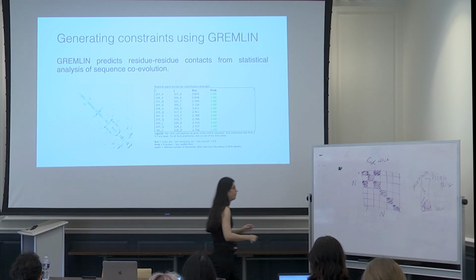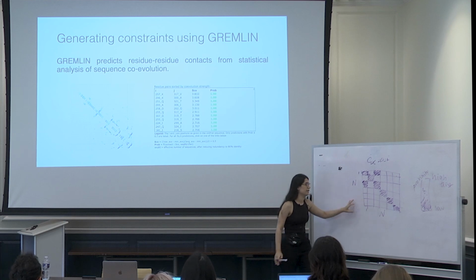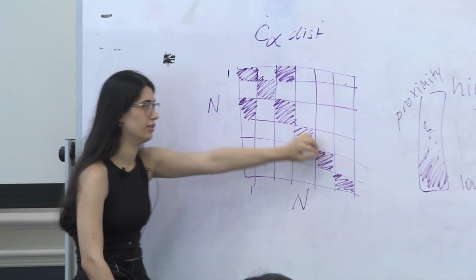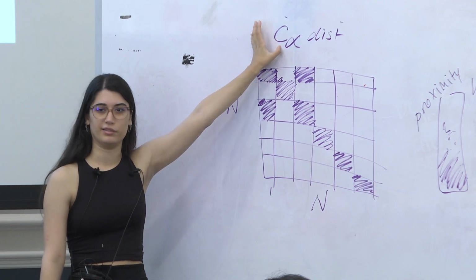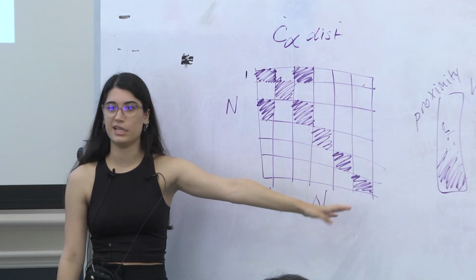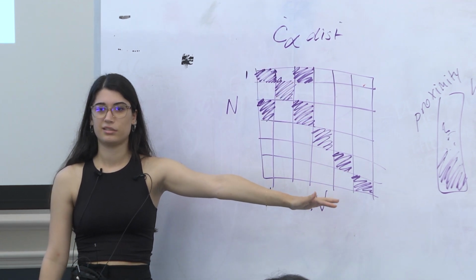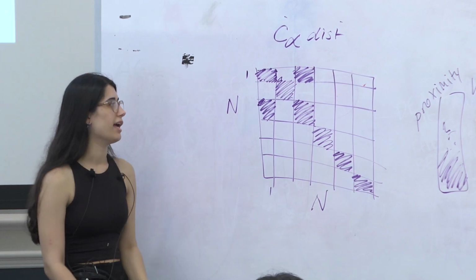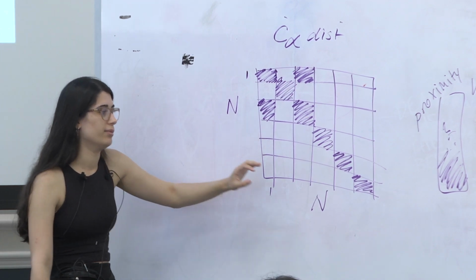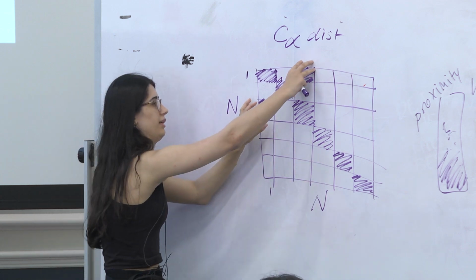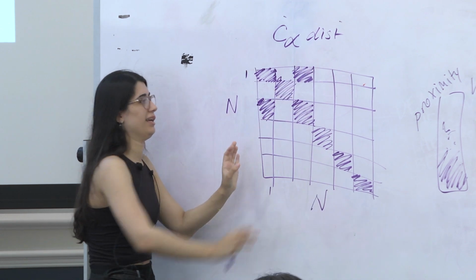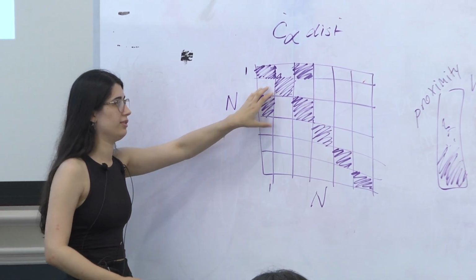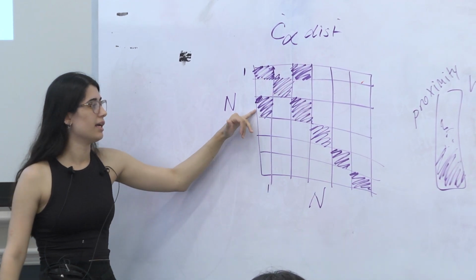So obviously this is a very mock example, but if we just look at the diagonal, every residue's alpha carbon distance to itself should be what? 0, right. And let's say that this is somewhere between 0 and very high distance.